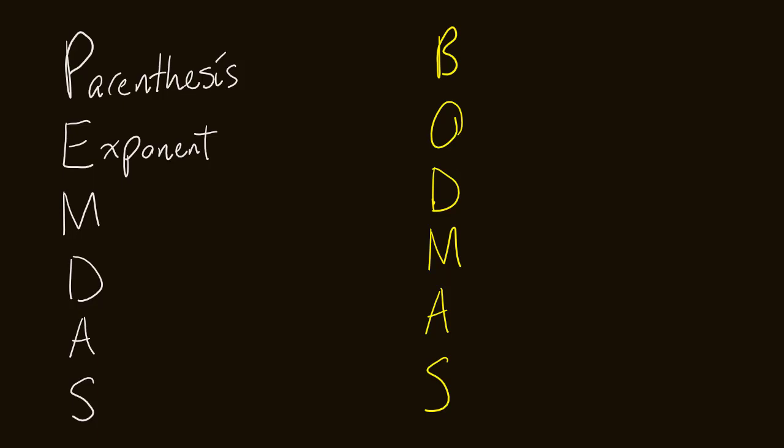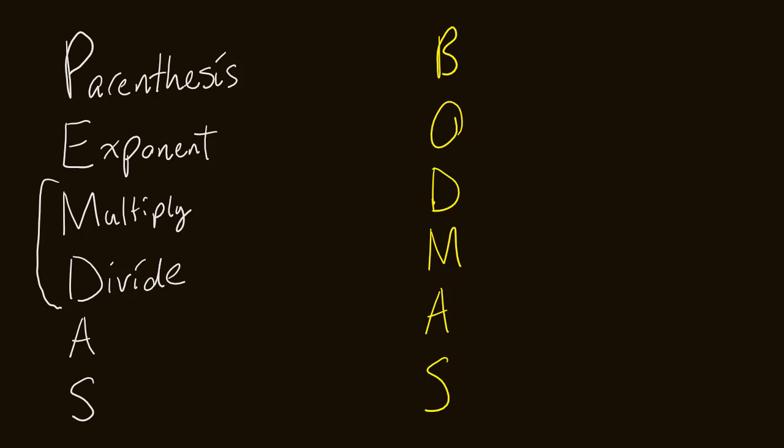Now, the next part of PEMDAS is like two chunks: we have the MD and the AS. We'll start with the MD, which means multiply and divide. Here is another place where we have an issue. People see multiply, divide, and think that means multiply things first and then divide things. That is not correct.